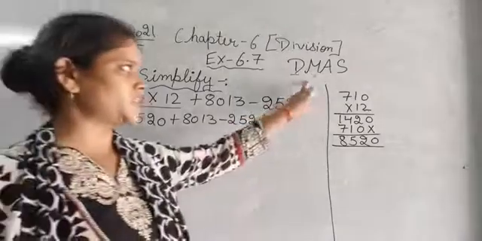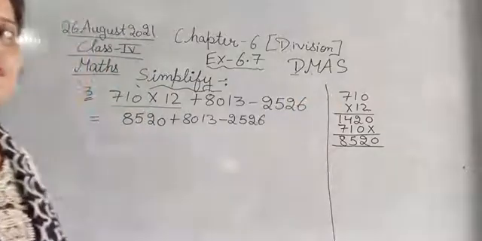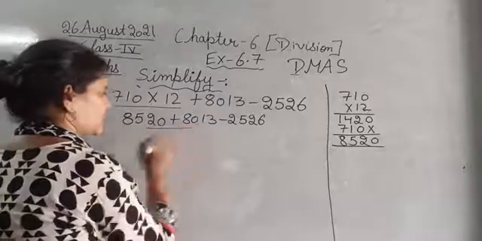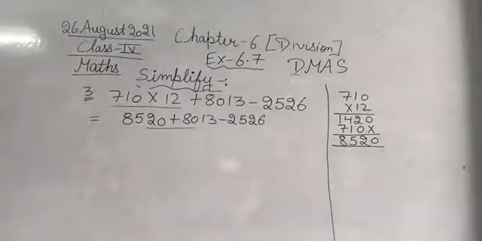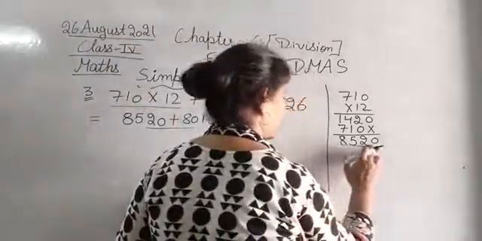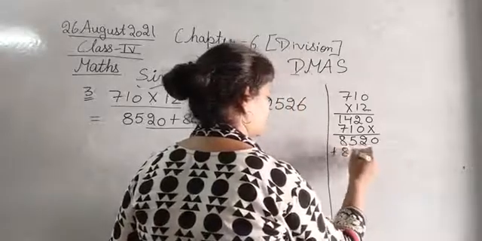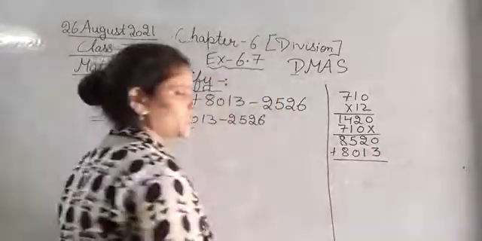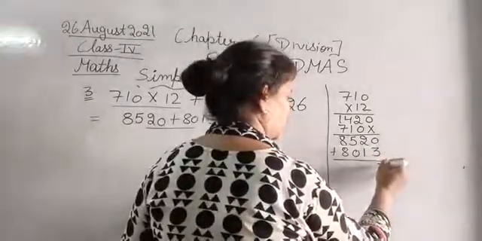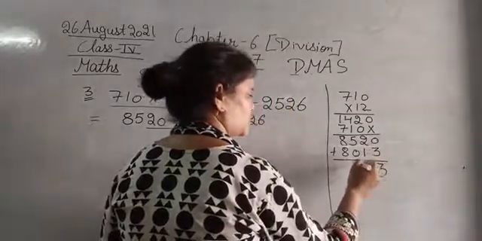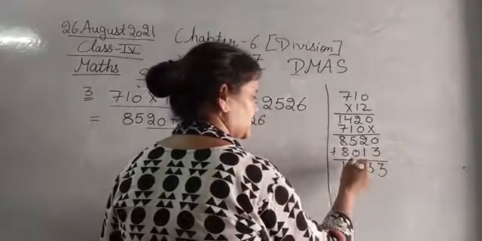Now after multiplication, the next is A. A stands for addition. So now we have to add. The addition sign is here, so that means we will add 8520 with 8013. 0 plus 3, 3. 2 plus 1, 3. 5 plus 0, 5. 8 plus 8, 16.